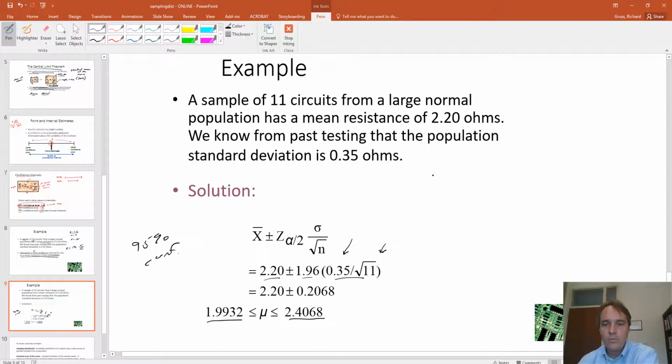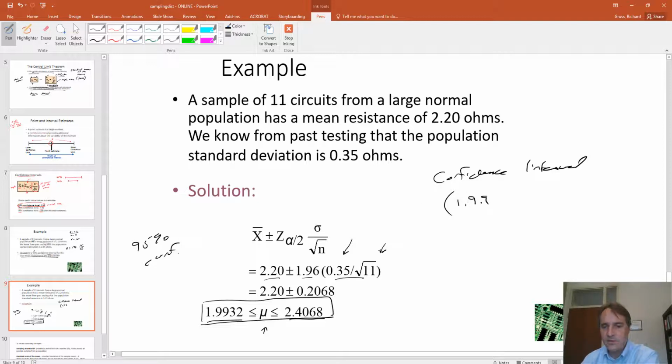Just one word of practical advice here. When I ask for a confidence interval, you can express it like this: the lower bound less than or equal to the population parameter, less than or equal to the upper bound. But you can also express an interval, as you may know from other math classes, as an open or closed interval.